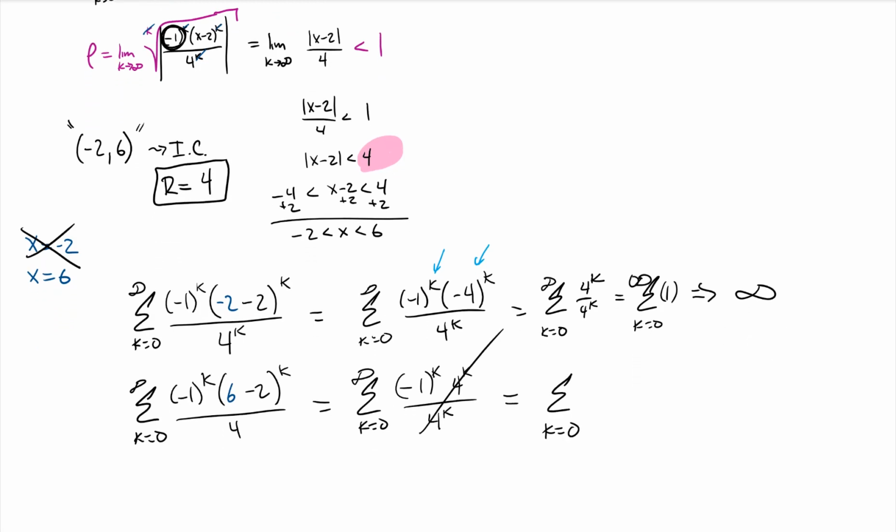So the sum is k equals 0 up to infinity of -1 to the k. Does that go to 0? When we take the limit as k goes to infinity of -1 to the k, does that go to 0? No. It goes back and forth between -1, +1, -1, +1, -1, +1. This diverges as well. Therefore, x can't equal 6, and thus our interval of convergence truly was -2 to 6, not including the endpoints.